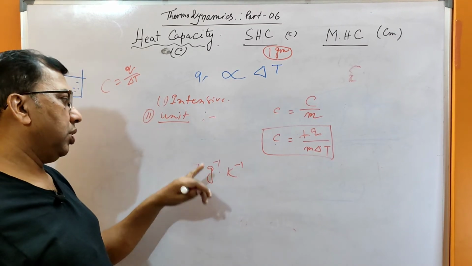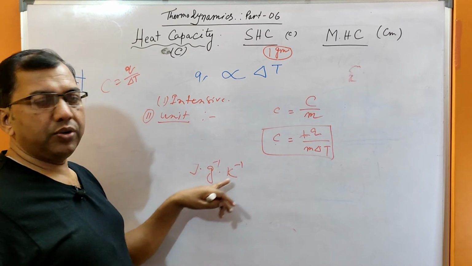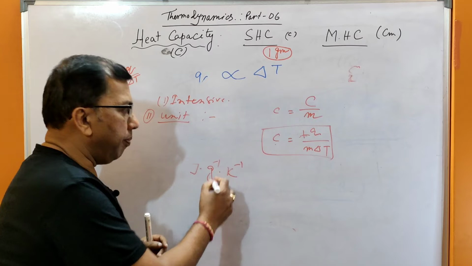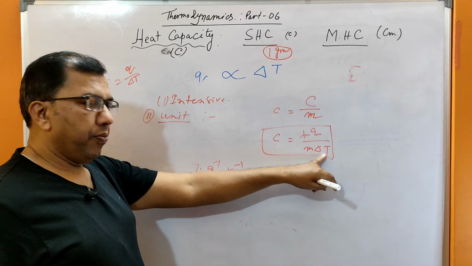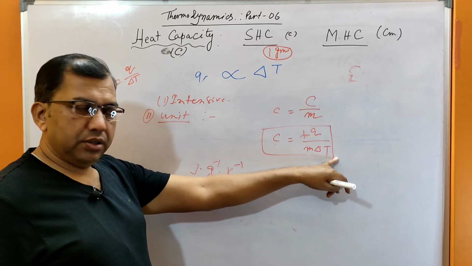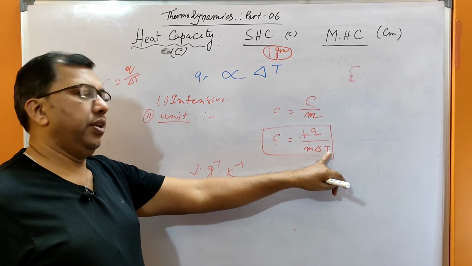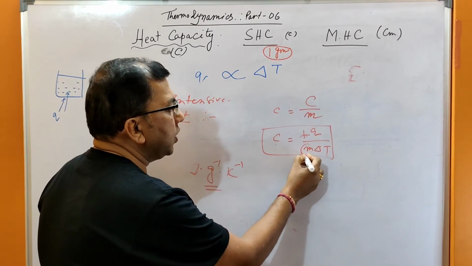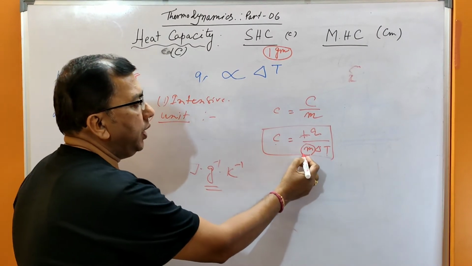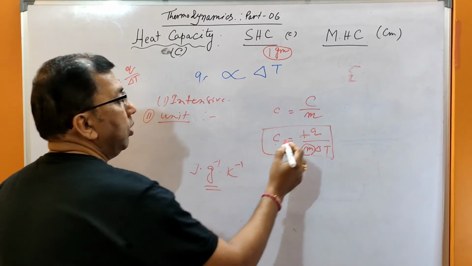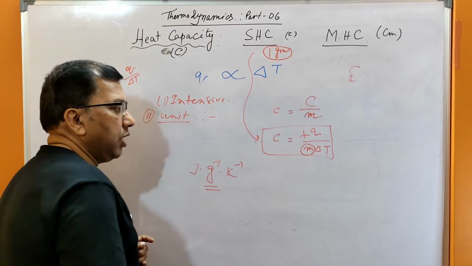The unit of mass will be added there. So specific heat equals Q by M delta T. This is the specific heat capacity.